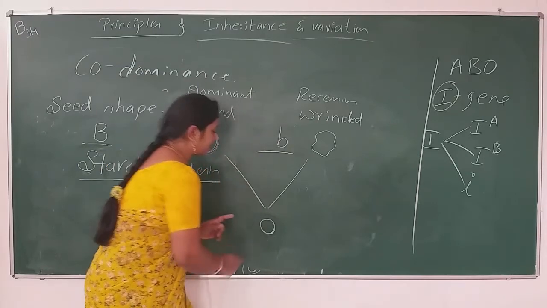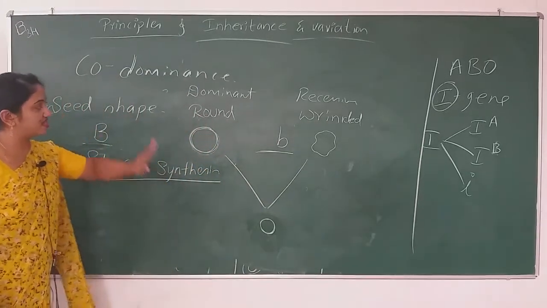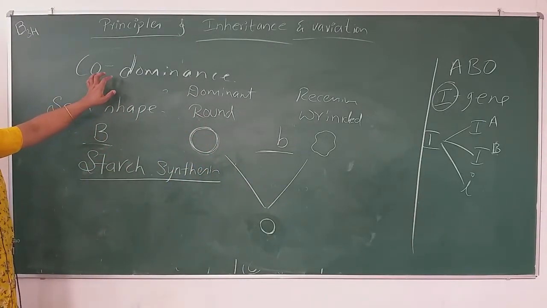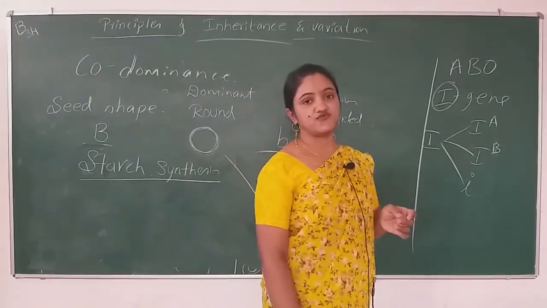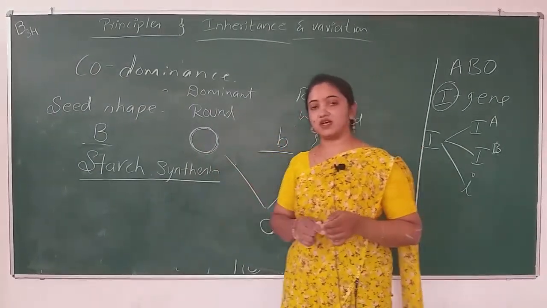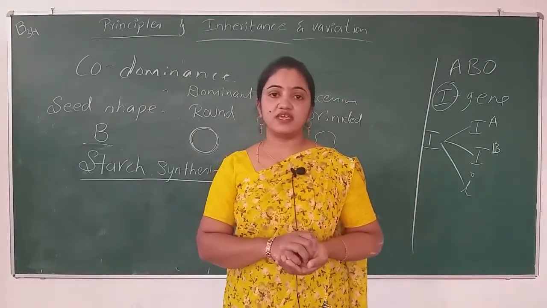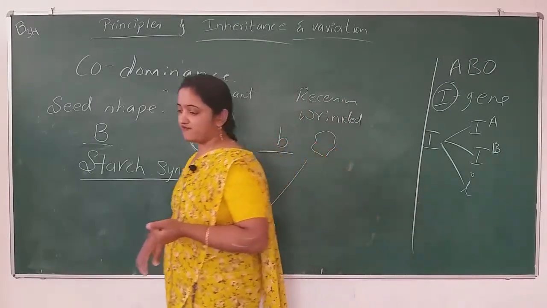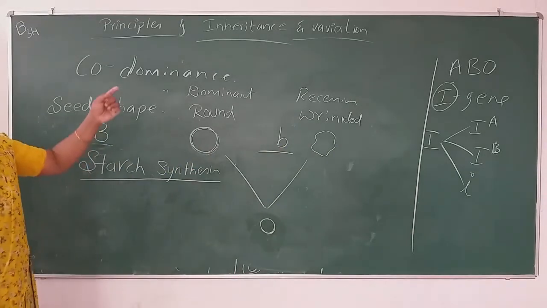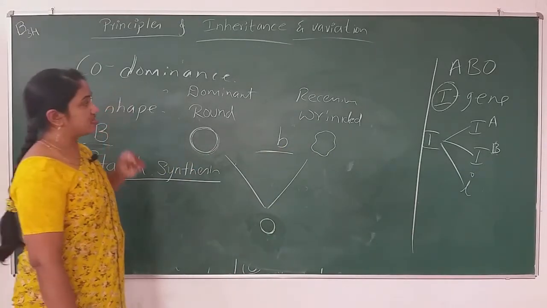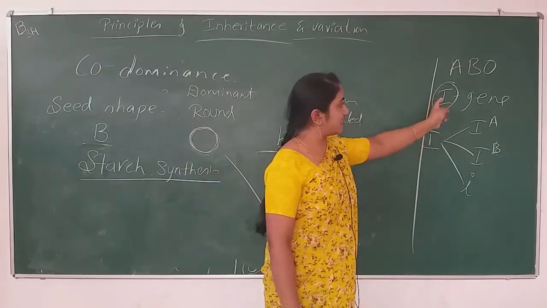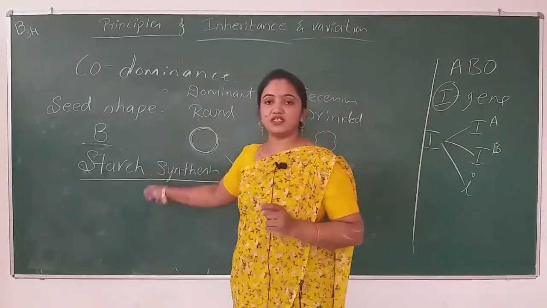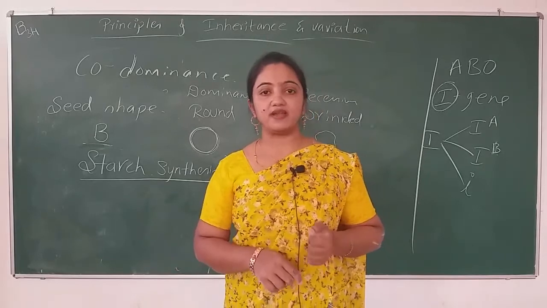So, it indicates the codominant situation. These are the two examples we are taking in the codominance concept: one is ABO blood group and one is seed shape of pea plant.